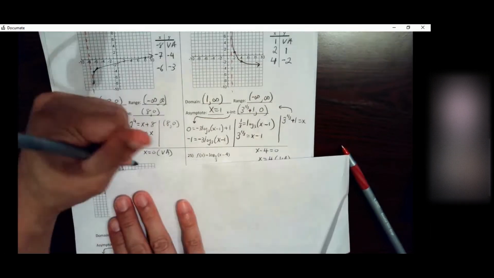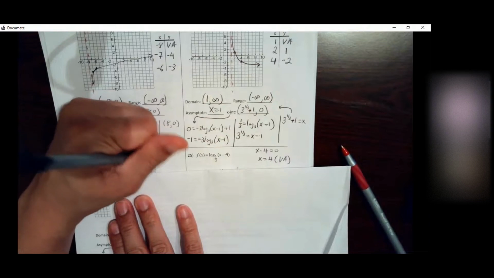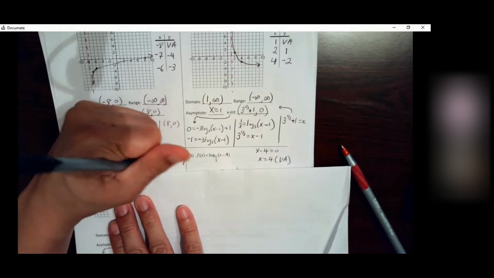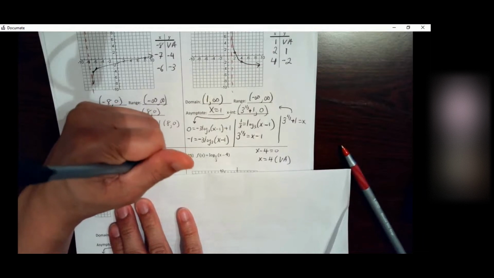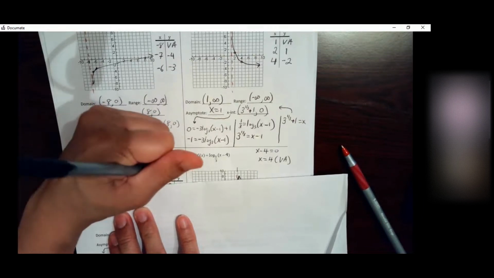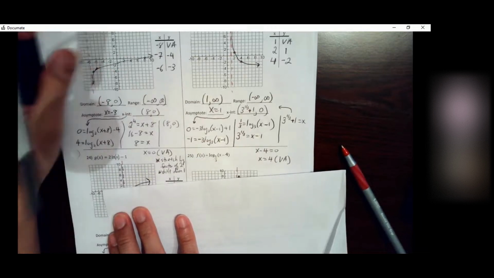Okay. This stretches by 2. And it shifts down by 1. And our vertical asymptote is 0.